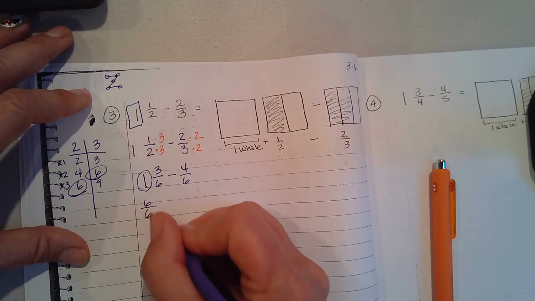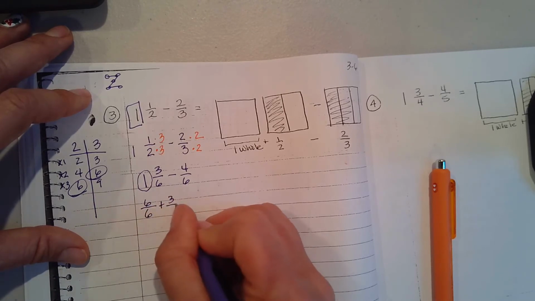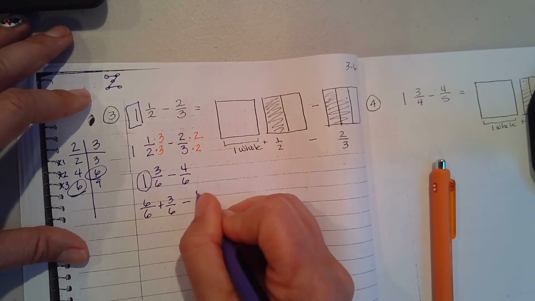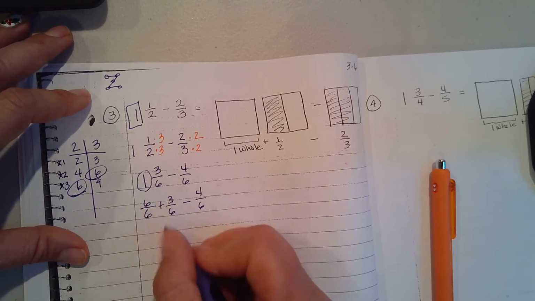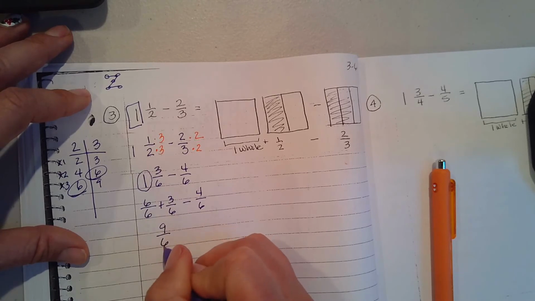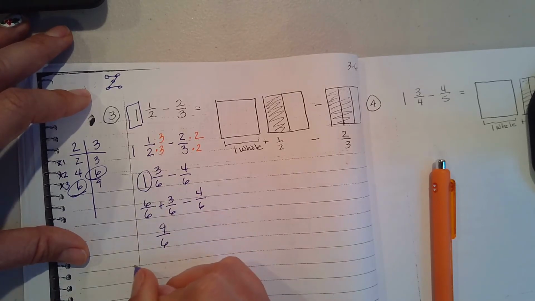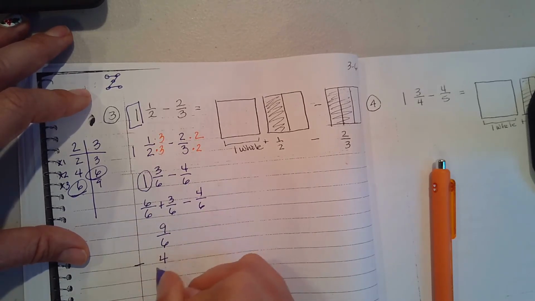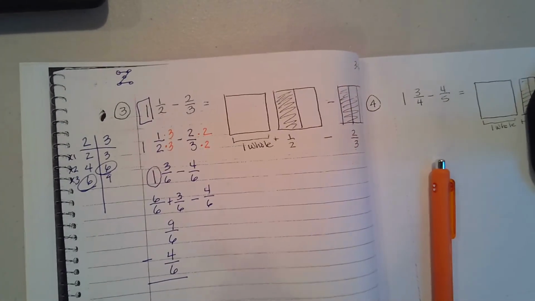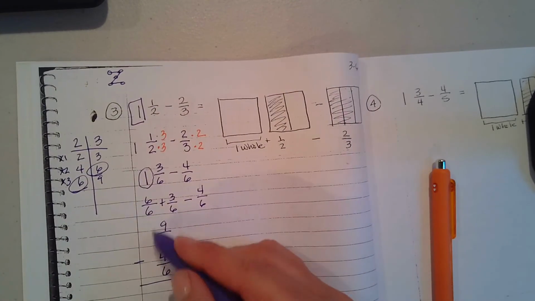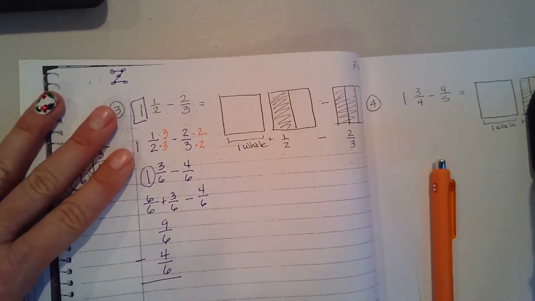So I'm going to change it to 6/6 plus 3/6 minus 4/6. 6 plus 3 is 9. 9/6. Now, because we're mathematicians and we like to stack our problems in order to subtract, I'm going to rewrite it like this.